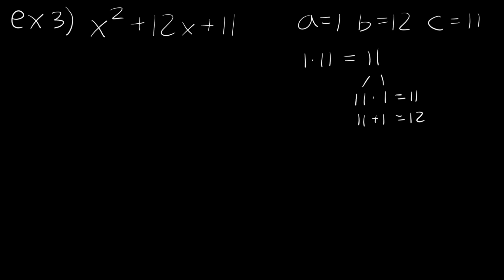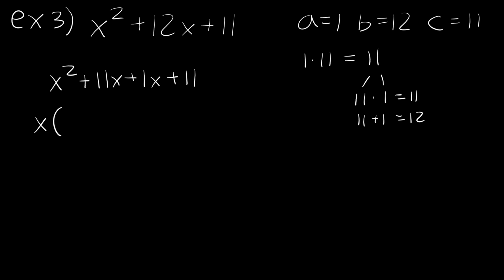So we'll rewrite bx using these numbers: x squared plus 11x plus 1x plus 11. Then we can factor by grouping. So x squared plus 11x, we can factor out an x.